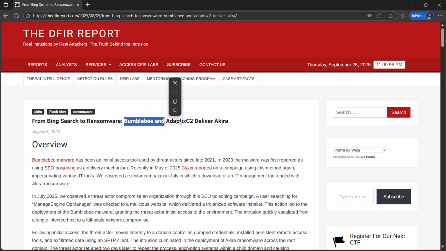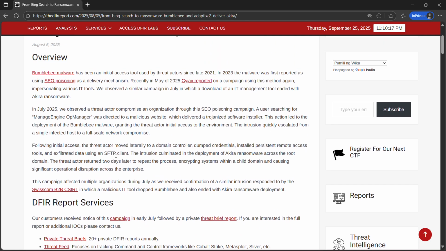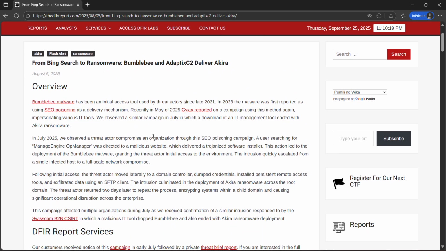I have no idea what Bumblebee and Adaptix C2 is, as well as Akira. Well, if it's delivered, maybe Akira is the malware, and Bumblebee is what's downloaded. Maybe. Let's read the overview before we do our research.